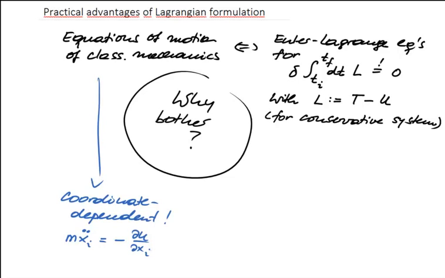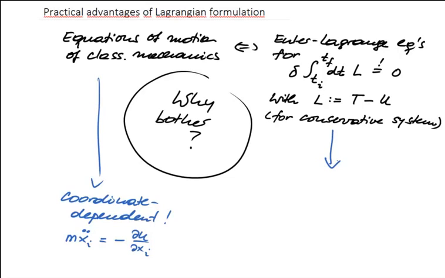On the other hand, when you look at the formulation on the right-hand side, this extremization condition is a coordinate-independent statement. Remember the example of the curve length. I can characterize a straight line in two ways. I can say in a Cartesian coordinate system, the slope, which is dy over dx, is a constant.